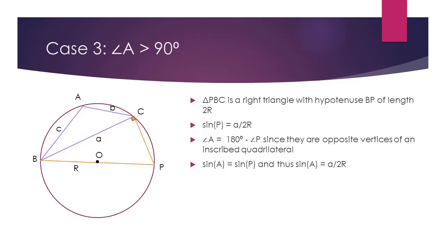For example, we have sine of 30 degrees, which is just 1/2. And its supplementary angle, which is 150 degrees, if you plug that into sine, it also equals 1/2. So sine of P still equals sine of A. So therefore, a over sine of A equals 2R.